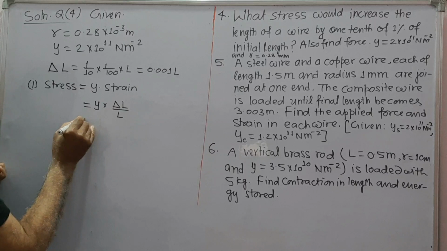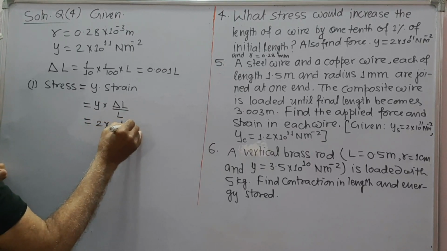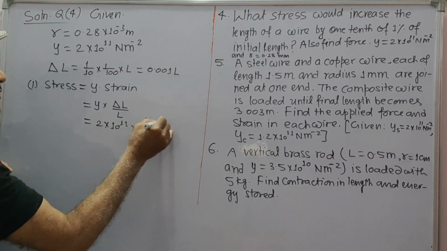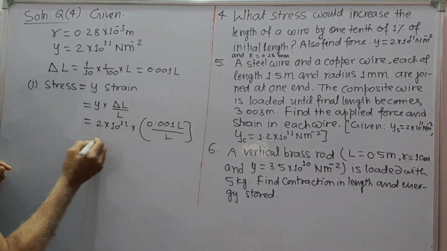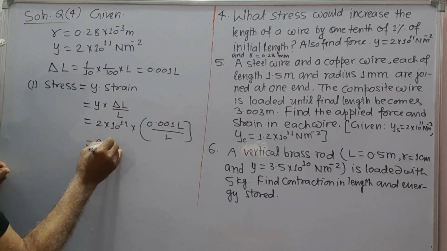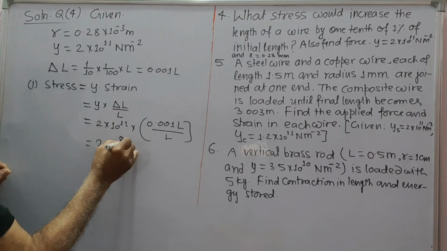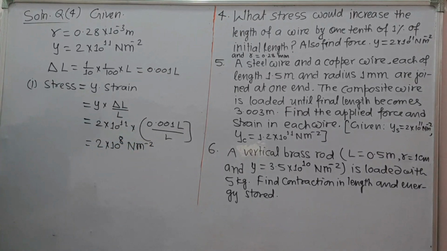This is 2 into 10 to the power 11 into 0.001 L upon L. L cancels and we get 2 into 10 to the power 8 Newton per meter square.